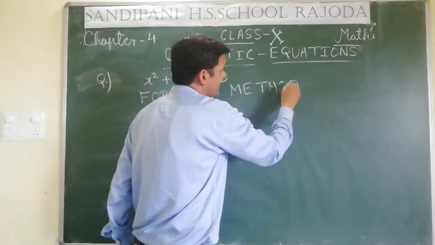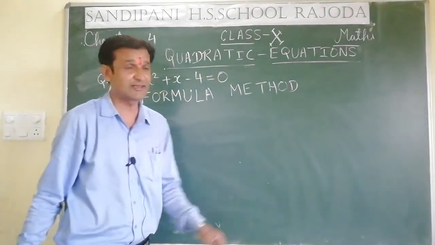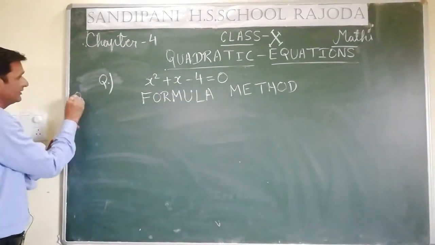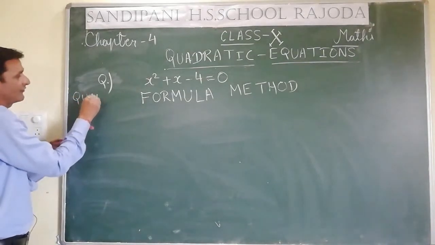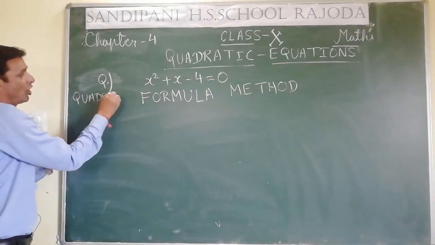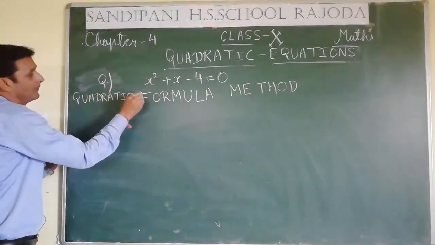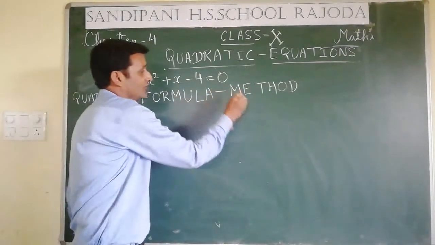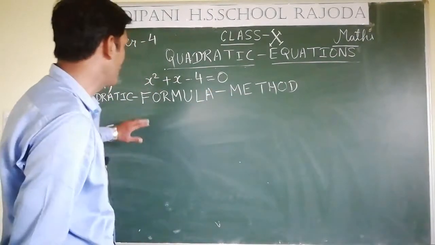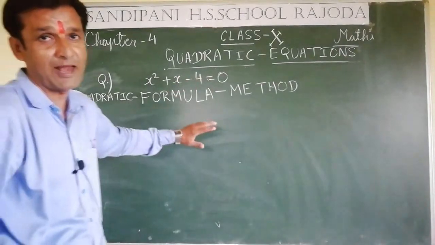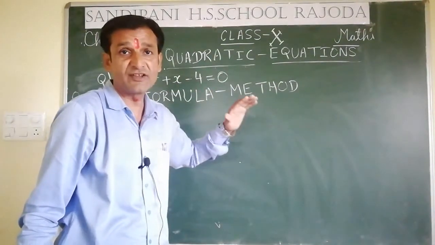It may be asked in three ways: by the quadratic formula method, or by Sridharacharya's formula, because this formula which I will apply here is also known as Sridharacharya's formula.